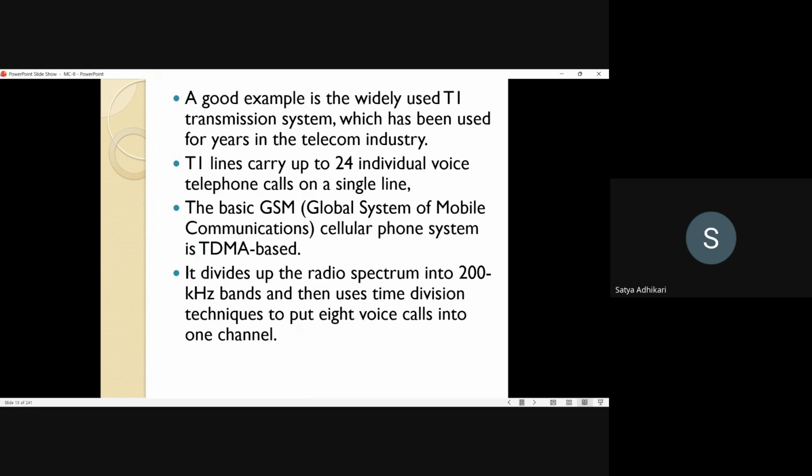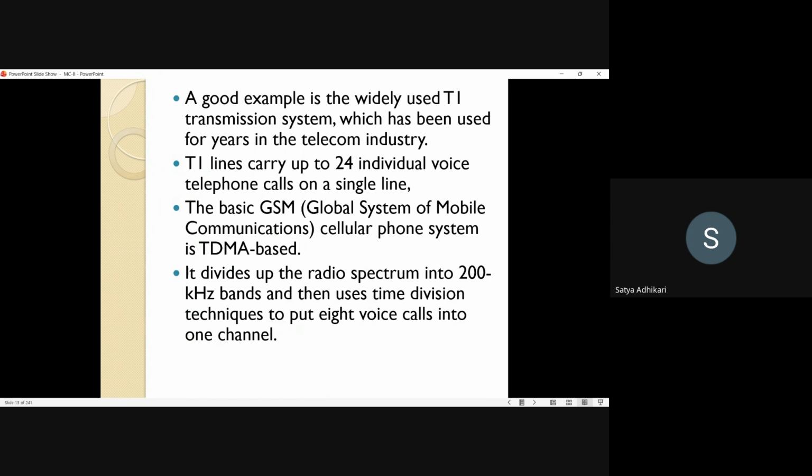So the basic GSM, global system for mobile communication, is basically not used nowadays, but initially you may have heard about a GSM network. You may have seen a mobile phone having a GSM network. This cellular phone is TDMA based.